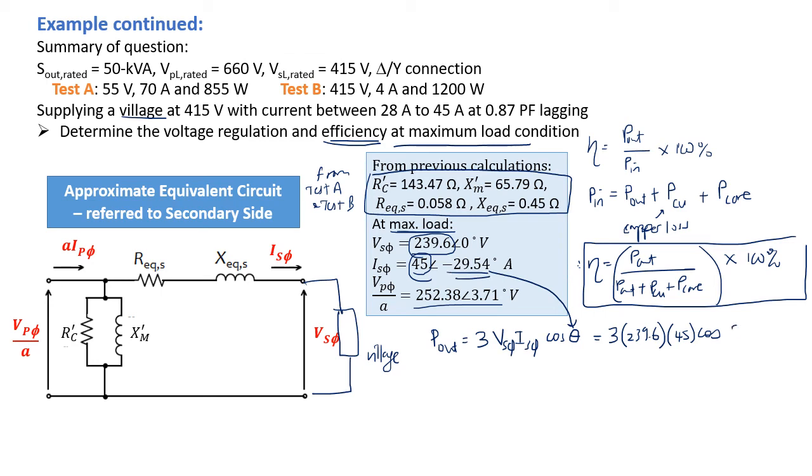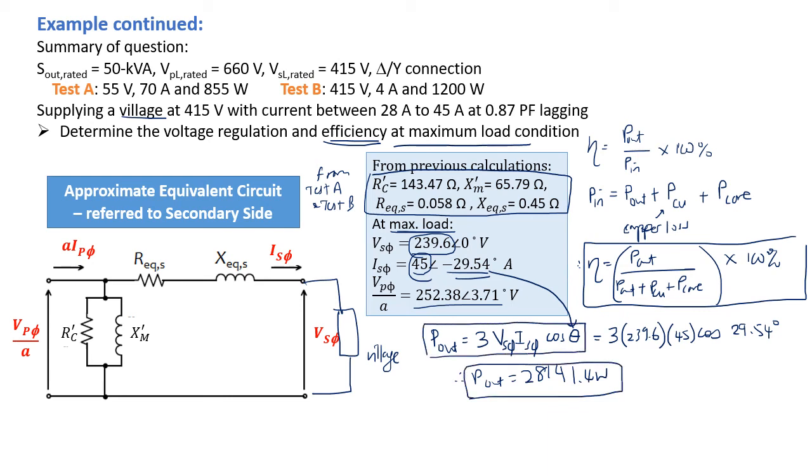So cosine of, we can just take the magnitude of the angle, 29.54. So we calculate P out to be 281.41 watts. That is the output power for the three-phase transformer when supplying maximum load.